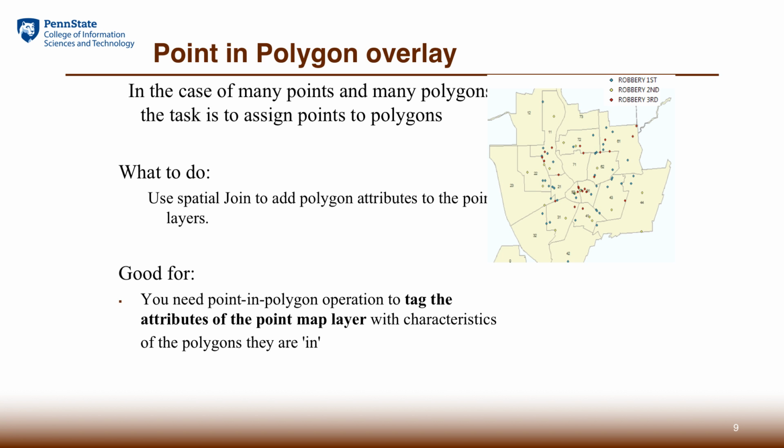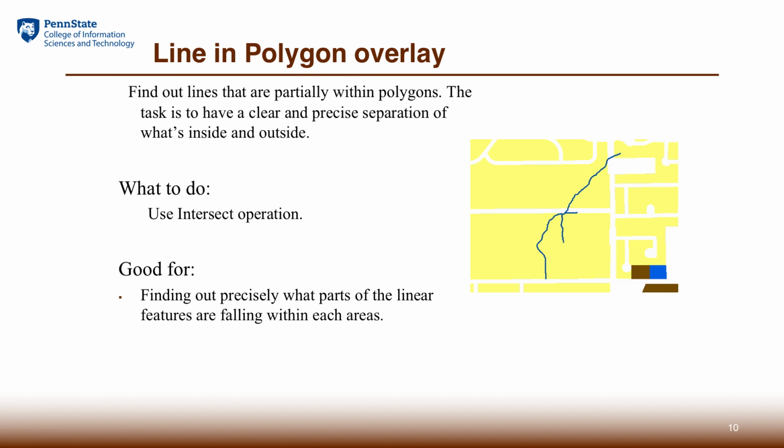Okay. This kind of analysis is very good at figuring out the percentage of the linear pieces, for example, roads and rivers. After the intersect operation, some statistics can be calculated, for example, how long of the particular feature is within certain categories of areas.